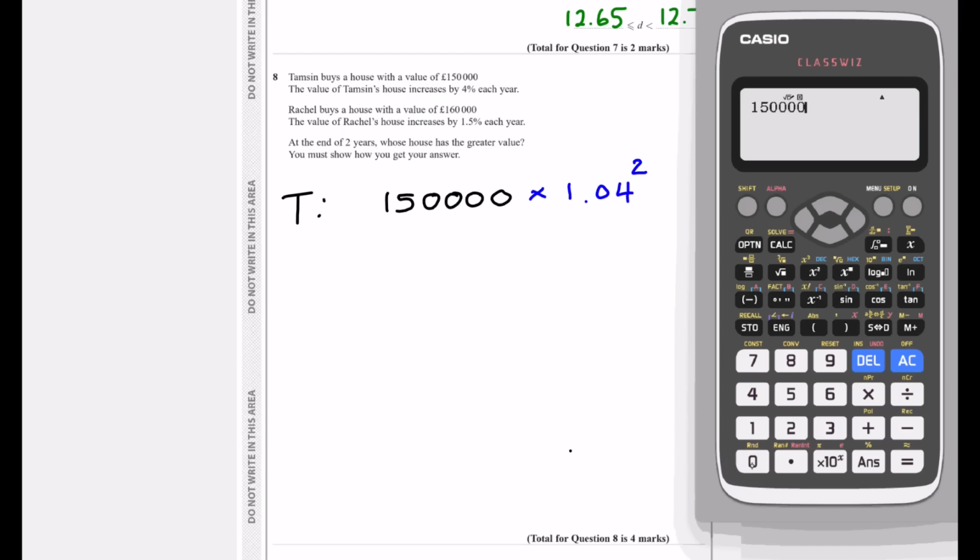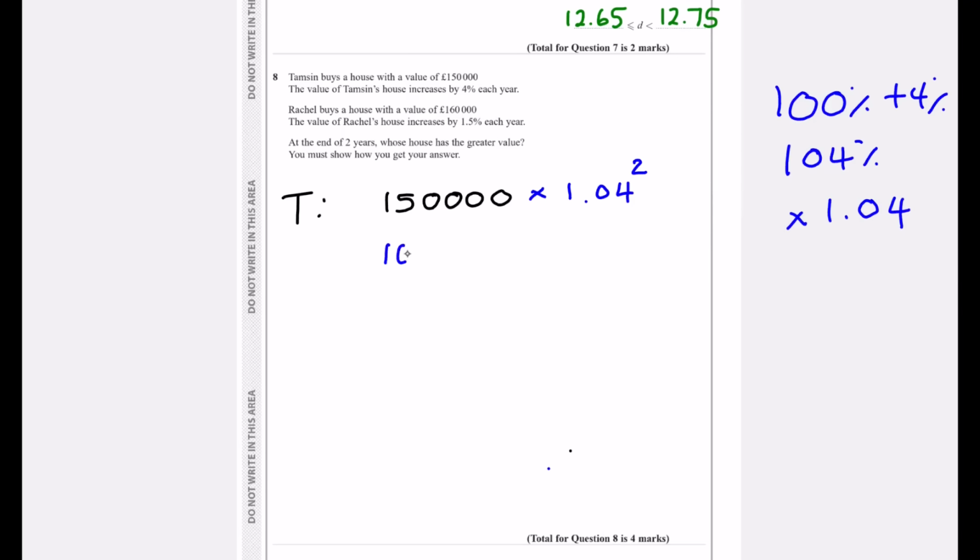So that will add on 4% 2 times for 2 years. Add on 4% and then add on 4% again to the new amount. So £162,240.